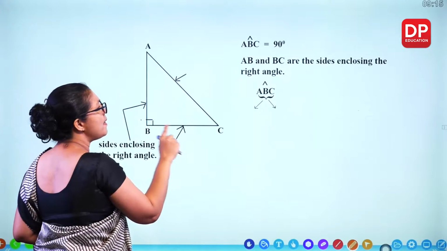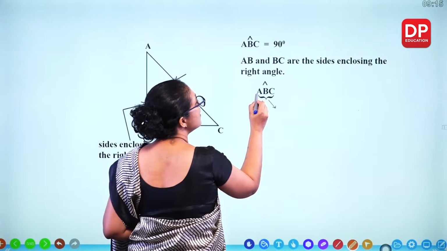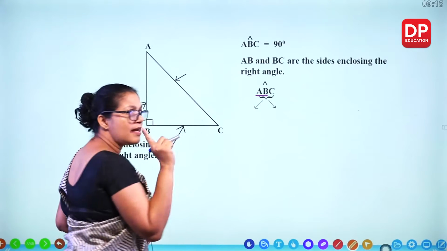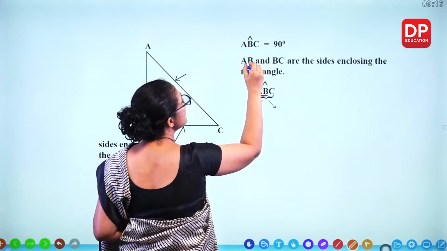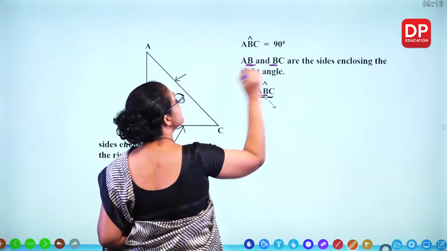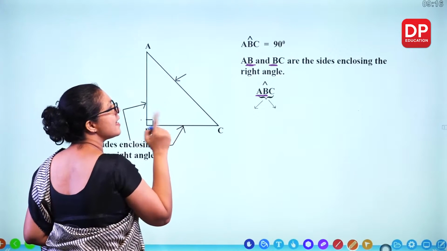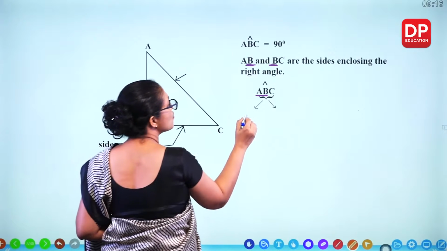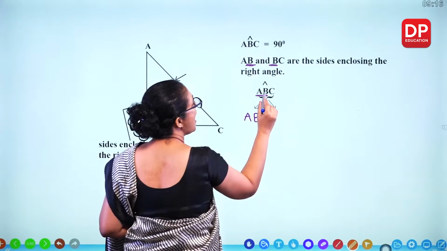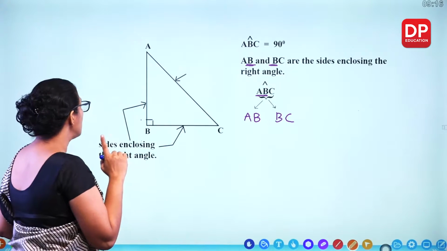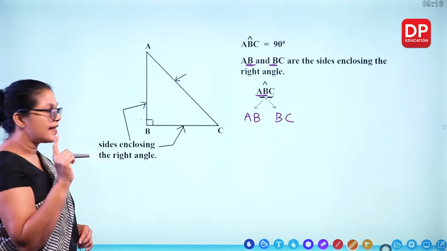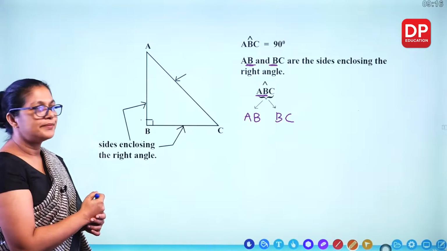AB and BC. So here B is the angle that's common. Can you see? B is common. That's the angle. And we take the other two letters. So AB and BC are the two sides enclosing the right angle.